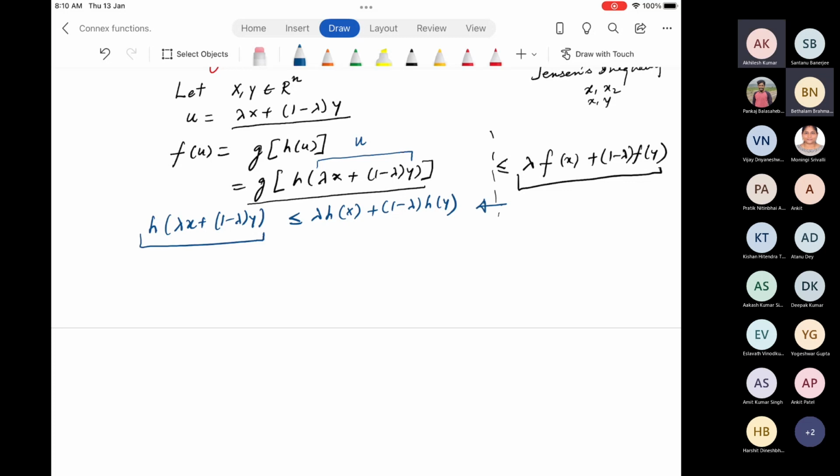So by the convexity of h(x), this will be satisfied.